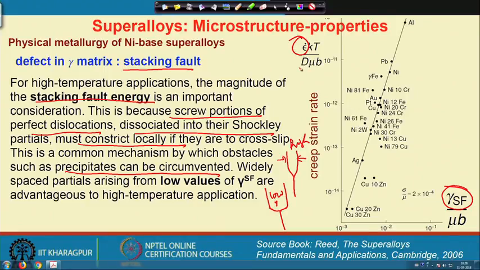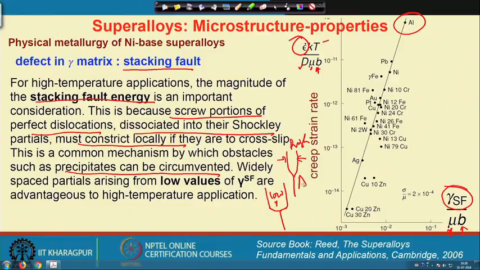Okay. So, here we have the diffusivity and shear modulus, the Burgers vector with the temperature, and here again the shear modulus and the Burgers vector. So, aluminum has a higher stacking fault energy, we all know about it, and you see that the creep strain rate is also higher.